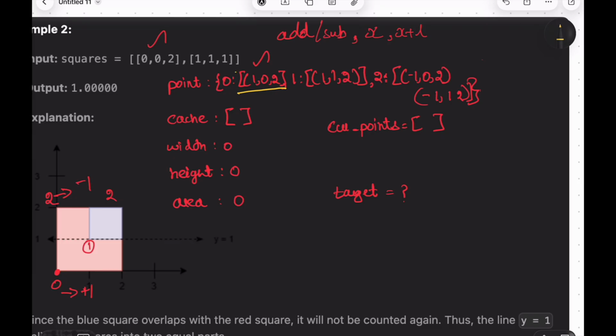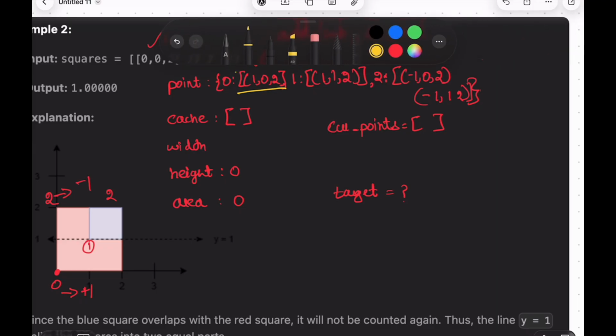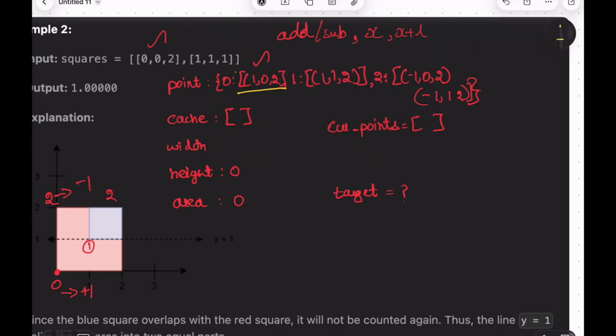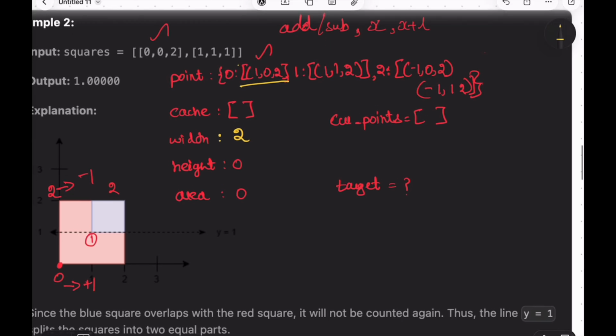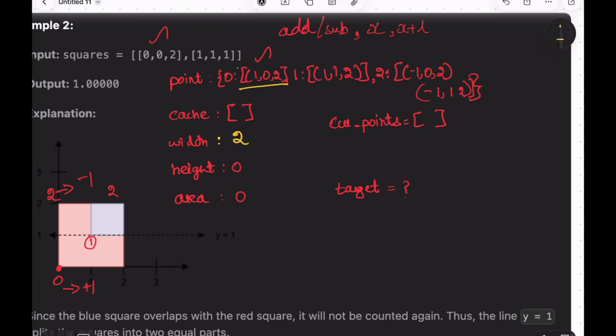You have the width as 0 and 2, so the width will become 2 here, and the height will be 1, because we start from here and we stop here, right?